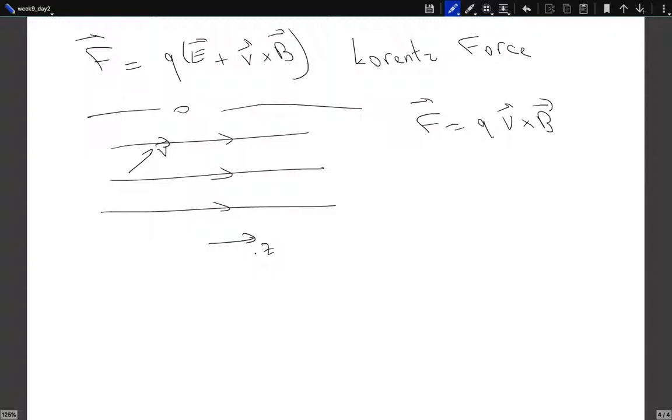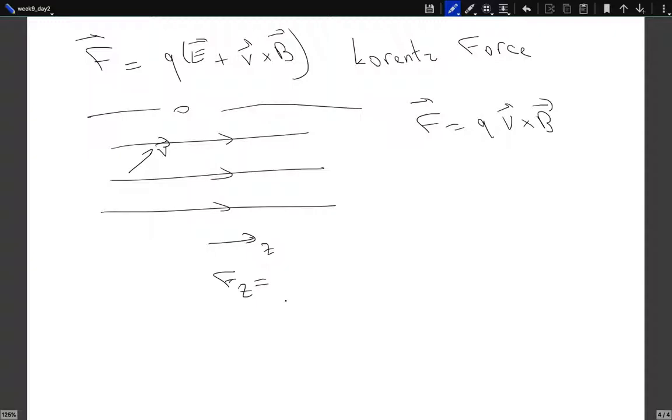Now B is in the z-axis, and the F is perpendicular to the z-axis because the cross product of two vectors is always perpendicular to both of them. So what is the z component of F? Zero.